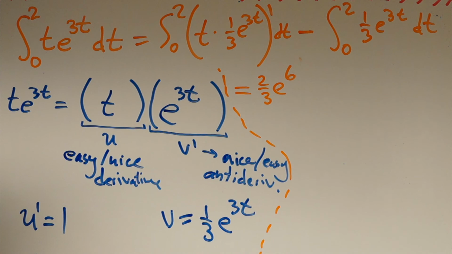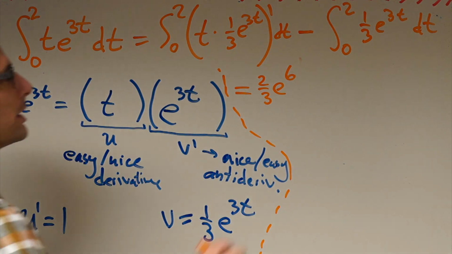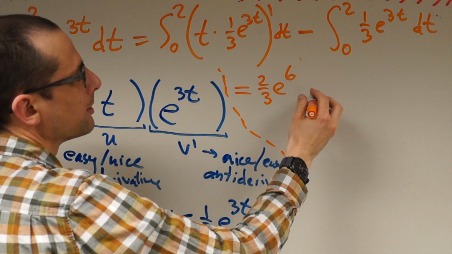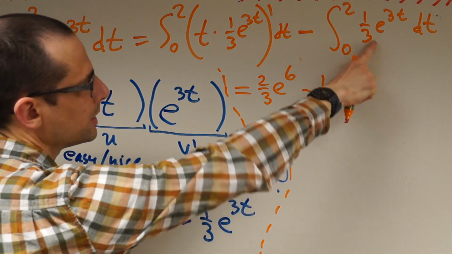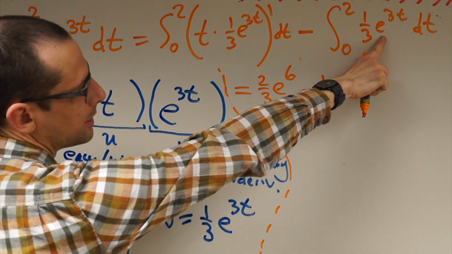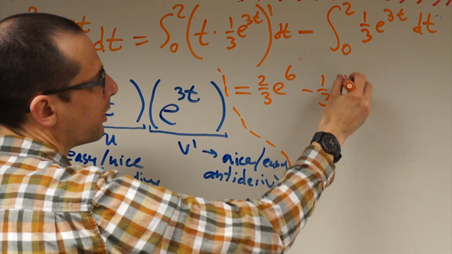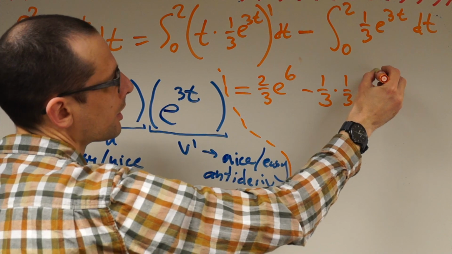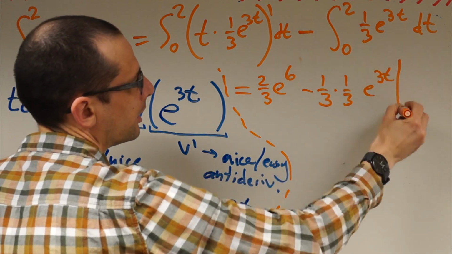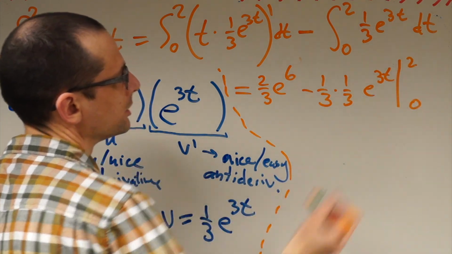And if I put in a 0, I get 0. So there's nothing else there. Then let's think about this integral. It'll be minus 1/3. And then what's the antiderivative of e to the 3t? That's another 1/3 times e to the 3t. So let's write that, and then we'll evaluate at 2 and evaluate at 0.